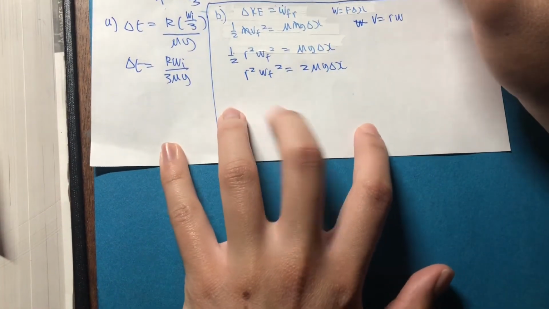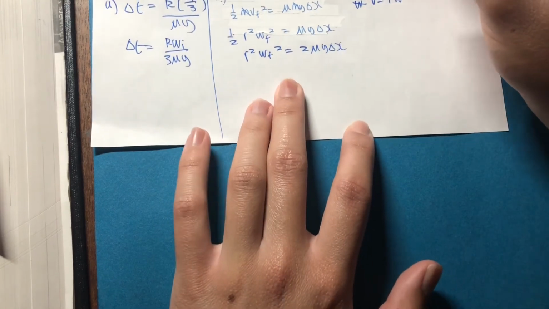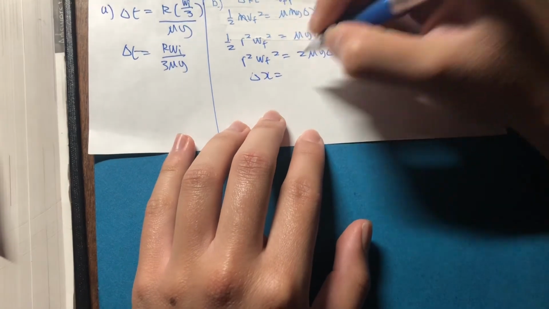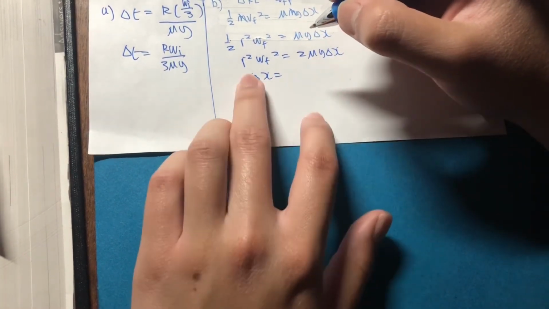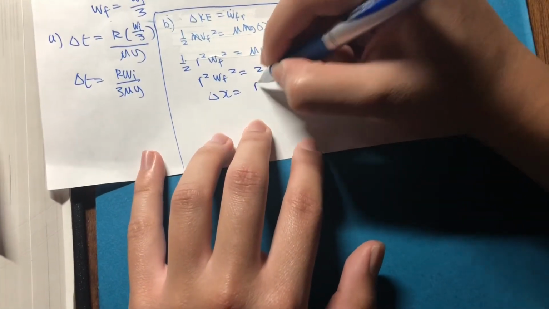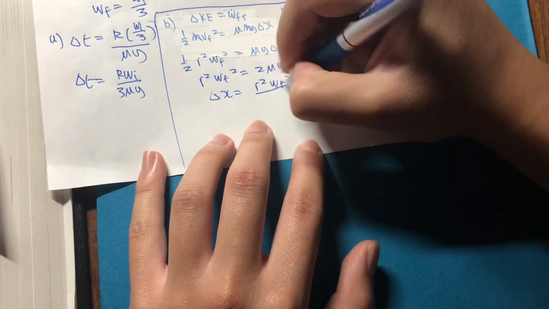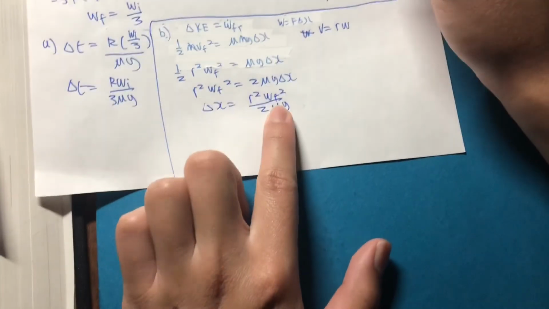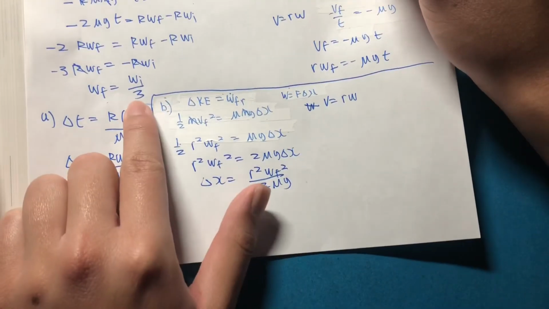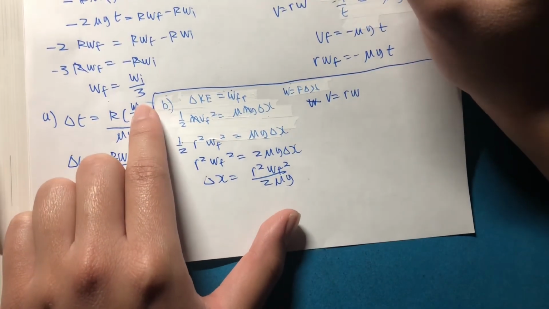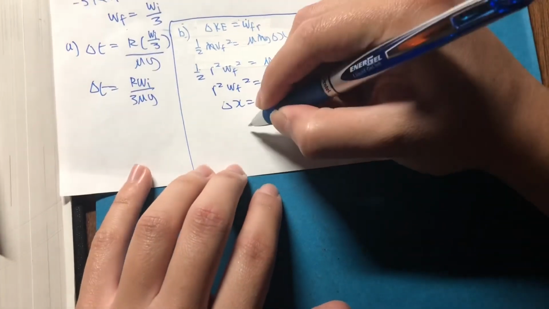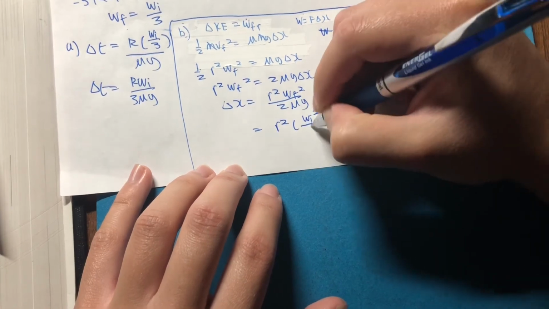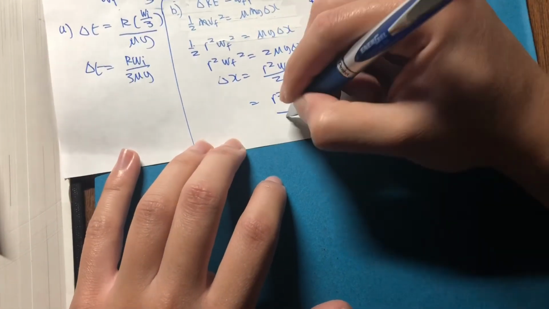Move the delta x to the other side, divide everything by r squared omega squared. Just keep things rolling, you get delta x equals, other way around, divide that over there. Delta x equals r squared omega final squared divided by 2 mu g. And then for omega final, you will plug that in and square it, which will give you r squared omega initial squared divided by 9 over 2 mu g.